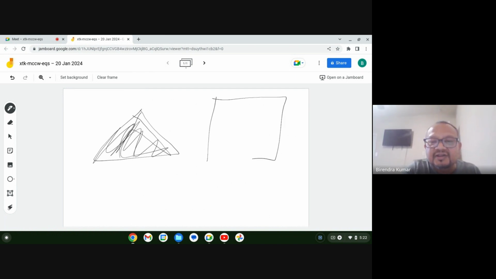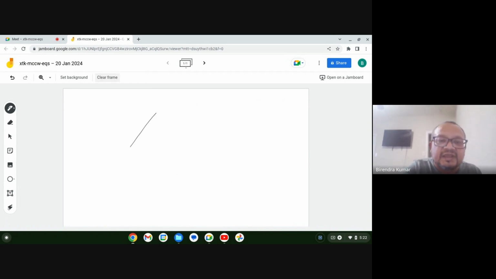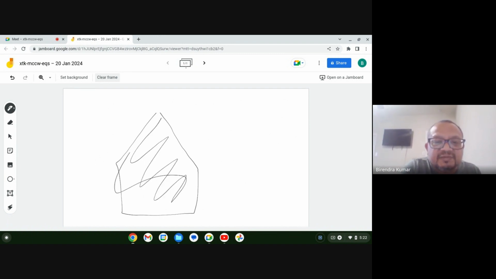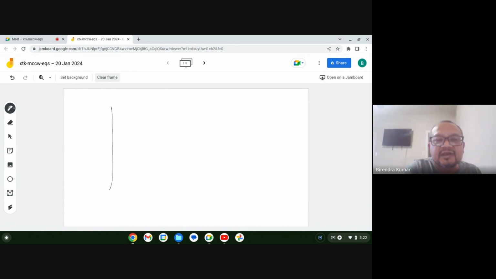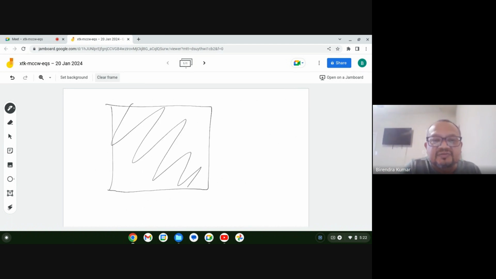Area of a square means how much space this square would need on a piece of paper. Area of a pentagon is the space taken by this pentagon on the piece of paper.